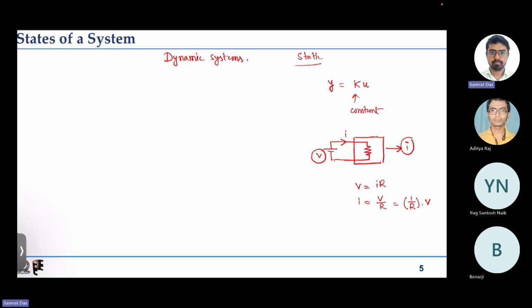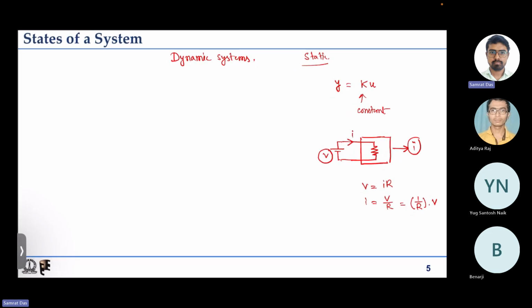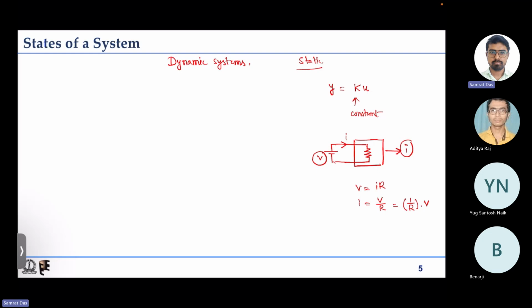But in dynamic systems, the present input alone is not sufficient to describe the present output. That means we need some more information to describe a dynamic system.